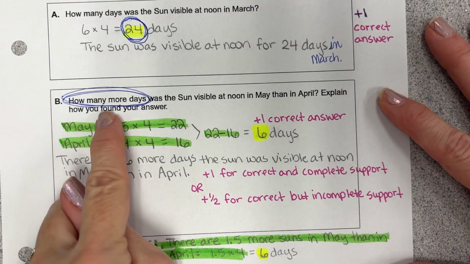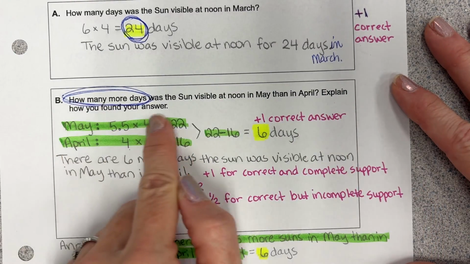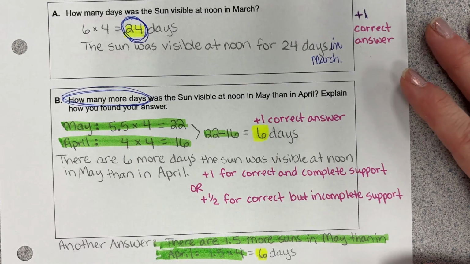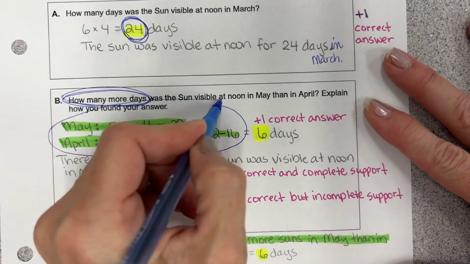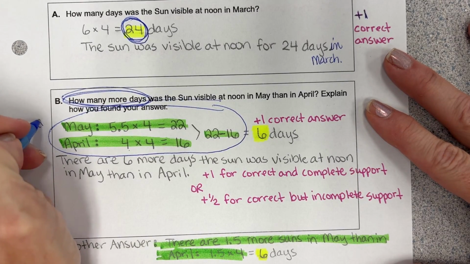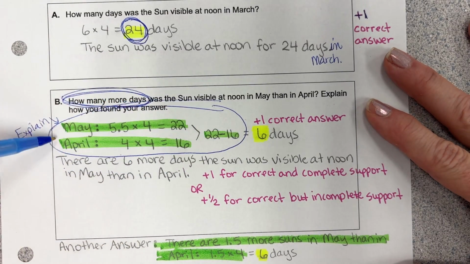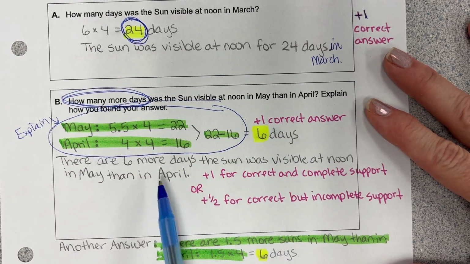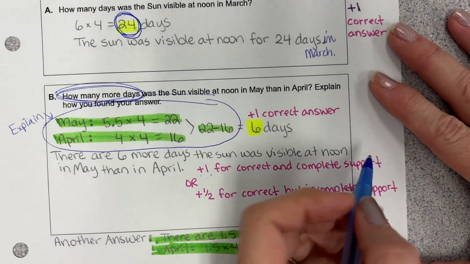Explain how you found your answer. Let me say that again. Explain how you found your answer. Well, if you showed this work, that is considered explaining. So if you have something like this, then you get +1 for the correct and complete support.